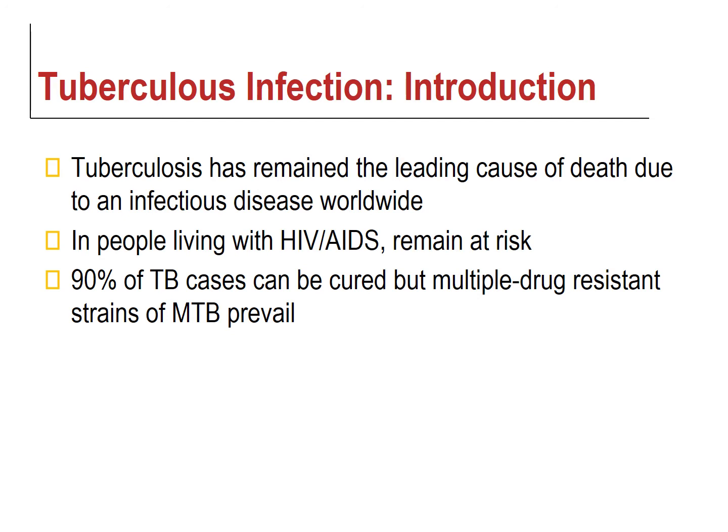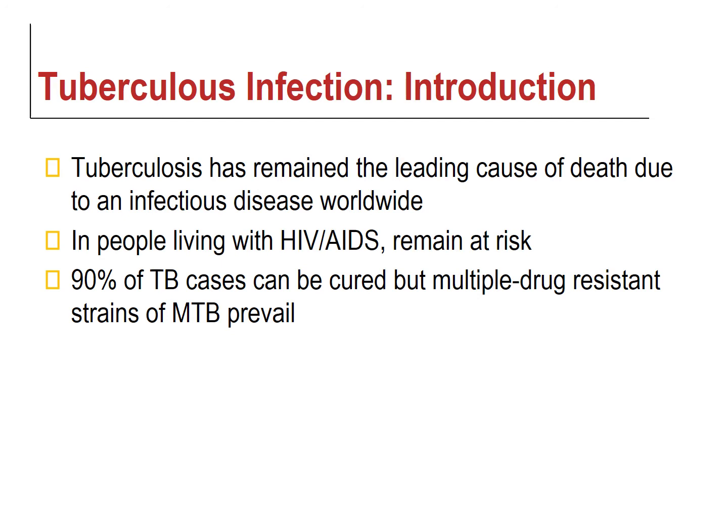Although TB treatment was introduced in the late 1940s, and tuberculosis declined in the Western countries, tuberculosis has remained the leading cause of death due to an infectious disease worldwide. Infection rate of tuberculosis in the third world country is estimated at near 50%, and in the world as a whole at 33%.